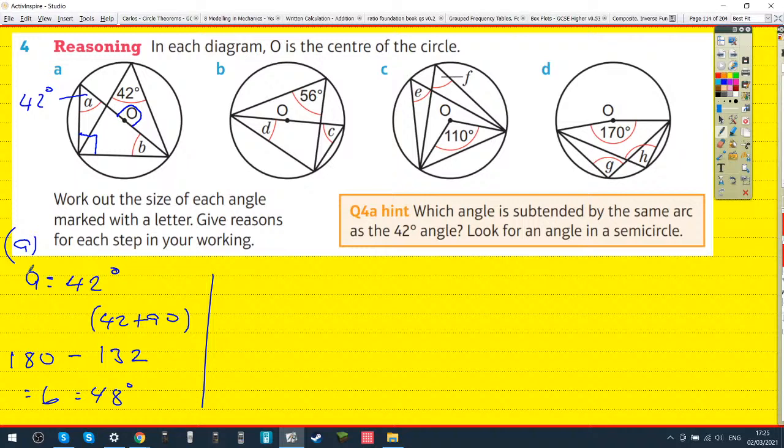Okay, so is C 56 degrees? So the line that O is on is 180. Yep. So D would be, so D is the angle.